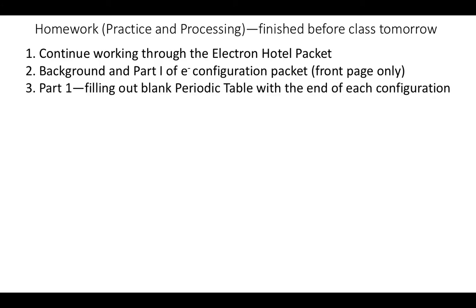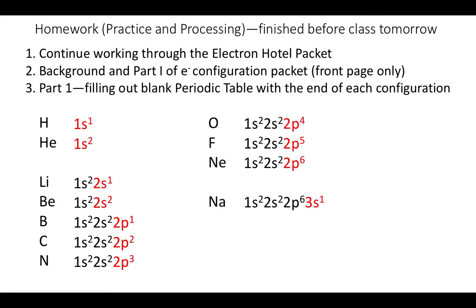With part 1, you're going to fill out a blank periodic table. So you should have also picked up a blank periodic table. And in each element box, you're only going to write the end of each configuration. So for example, in red, this is what you're putting in each box. Hydrogen's box on the periodic table would be 1s1.